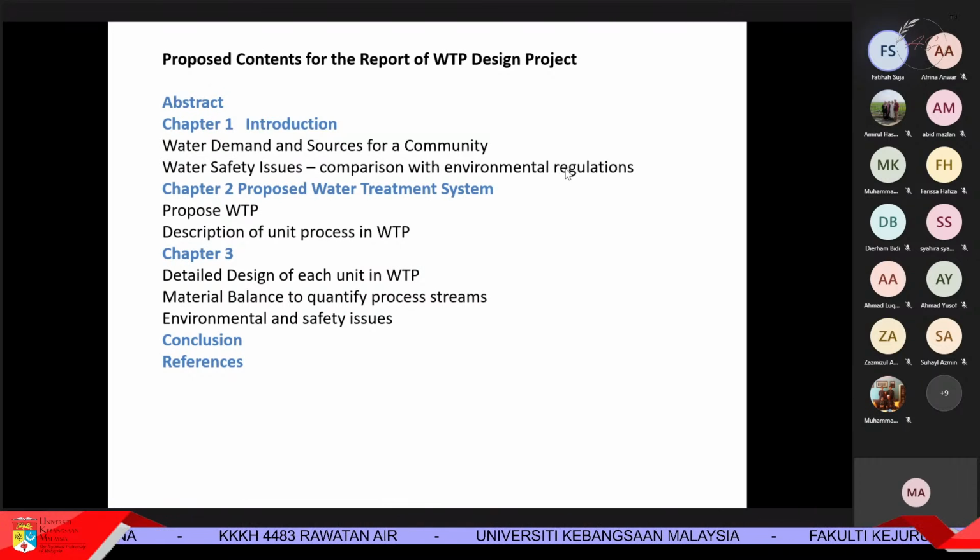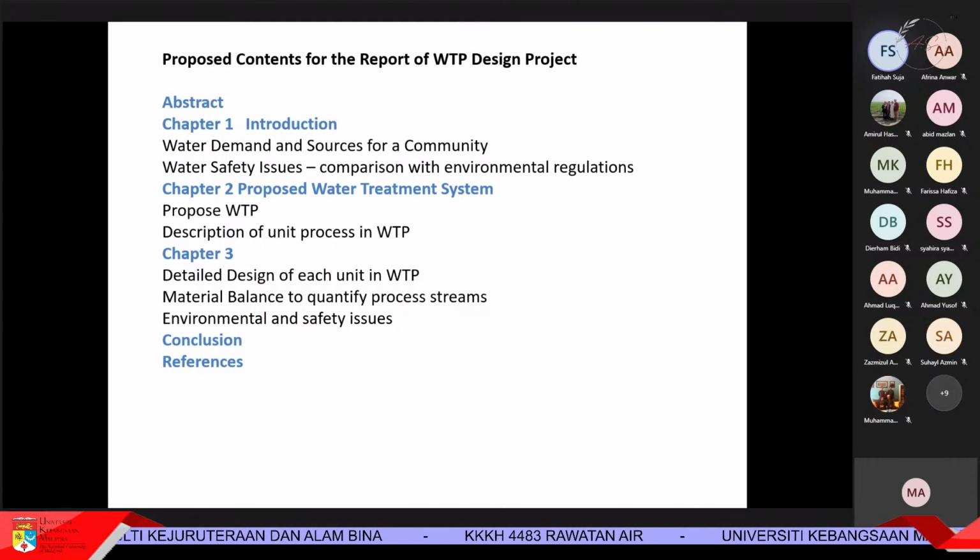This is where you show the characteristic of the water source, and you have to make sure that there are 3 parameters that are of concern with the standard regulations. So you need to make sure that your treatment plant will be able to treat these contaminants.